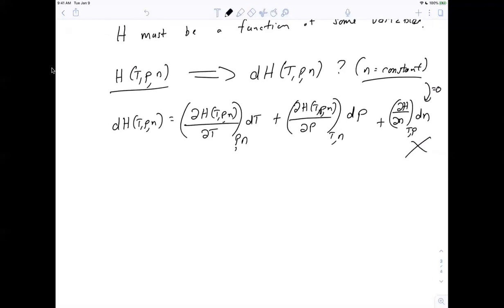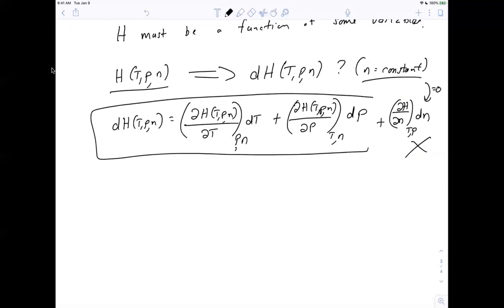All right, so we have dH in its most general form for the moment. So this is the total differential of H. Any questions on that or comments or any discussion? And you'll see here that this is what we saw by analogy to U. Remember, I'm just going to write this to refresh your memory perhaps.